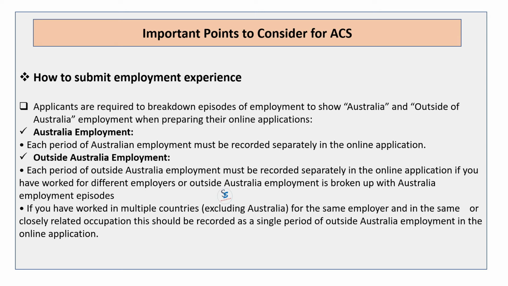Outside Australia employment: each period of outside Australia employment must be recorded separately in the online application. If you have worked for different employers outside Australia, it is broken up with the Australia employment episode. If you worked in multiple countries excluding Australia for the same employer and in the same or a closely related occupation, this should be recorded as a single period of outside Australia employment in the online application.